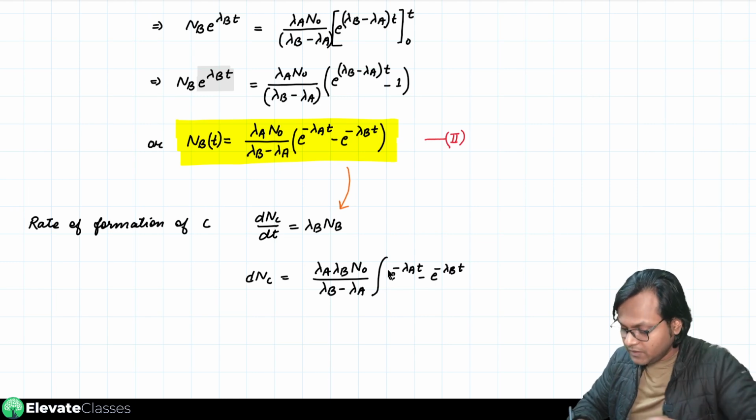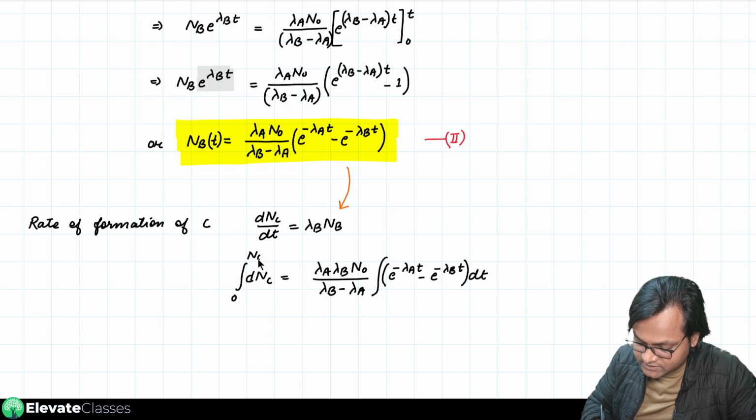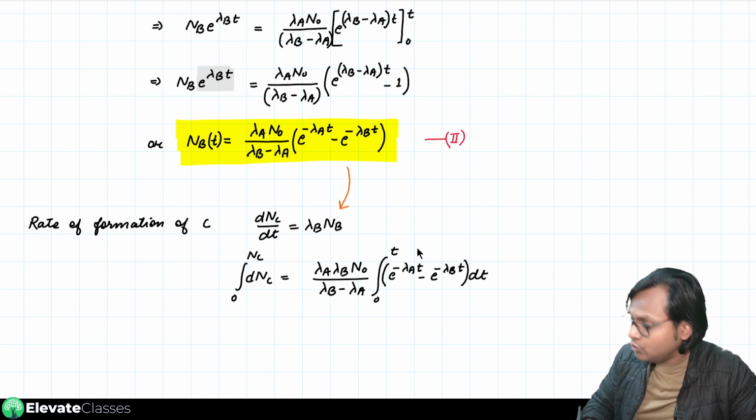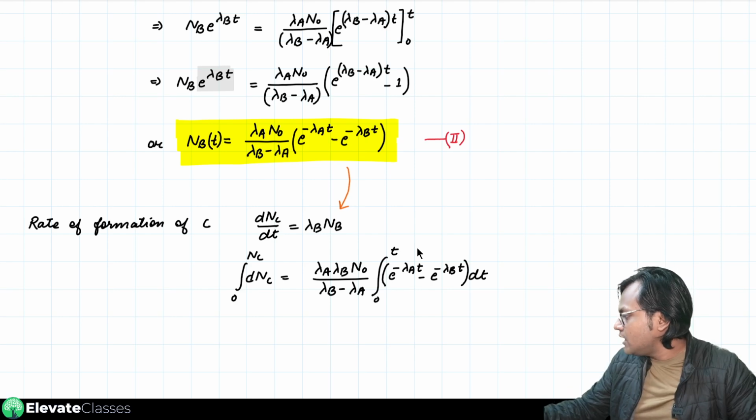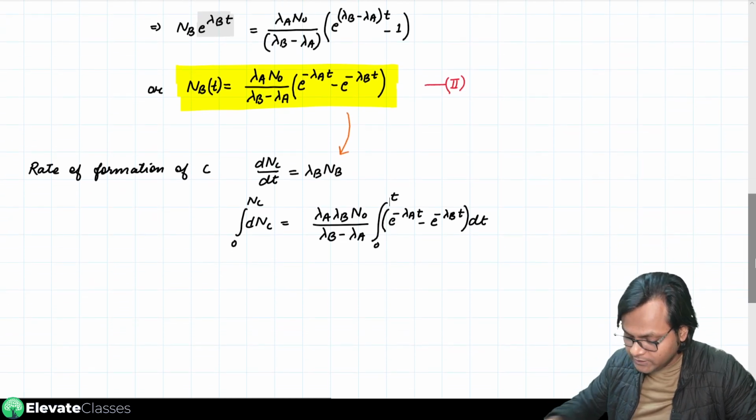Okay. If I do that with respect to time, and here the integration is from 0 to Nc, and this is from 0 to t. If I do this, I should come up with an expression for the last stable nuclei.